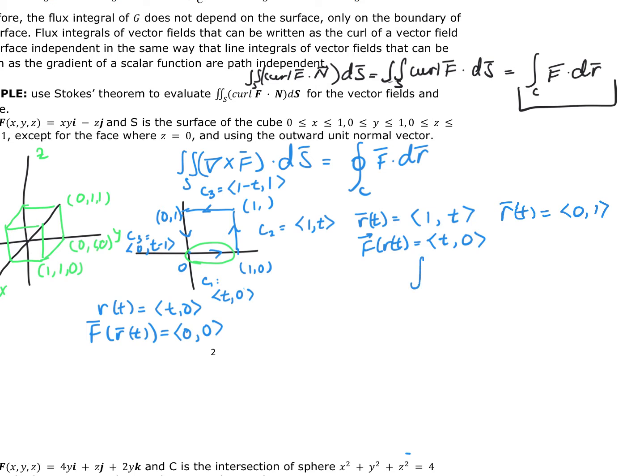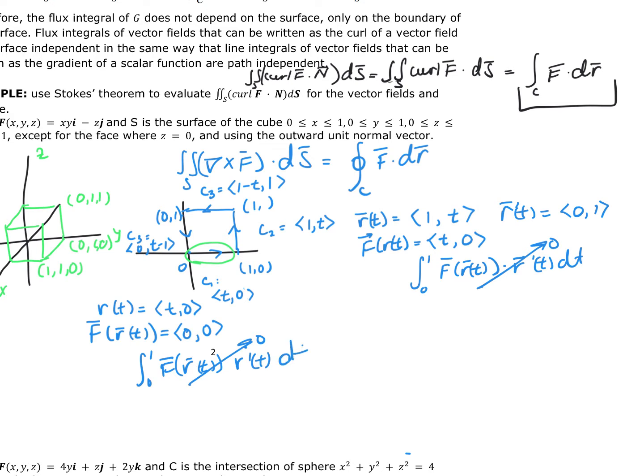So when I do this integration from 0 to 1 of F of R of t dotted with R prime of t dt, this is going to go to 0. Just like this one from 0 to 1 of F of R of t dotted with R prime of t, this also is going to go to 0. Okay, so that's not helpful.